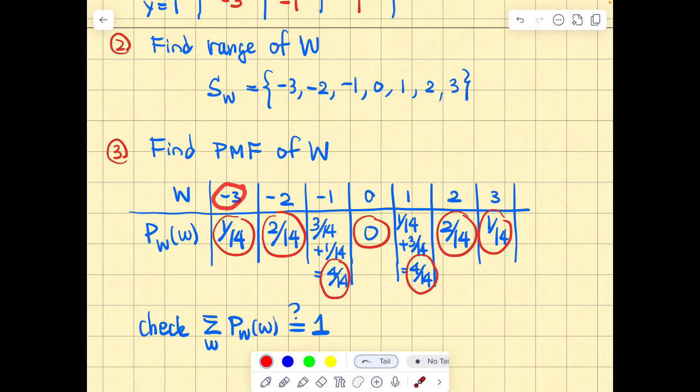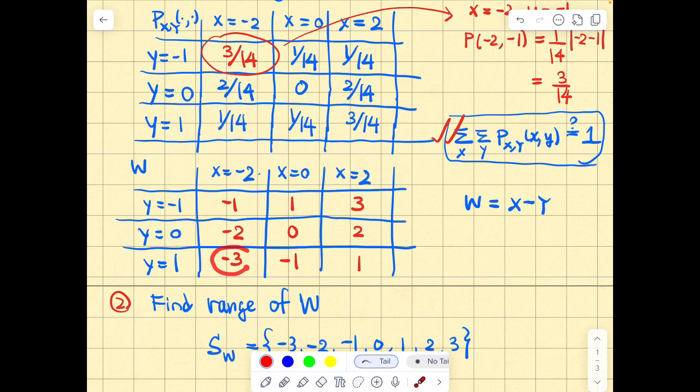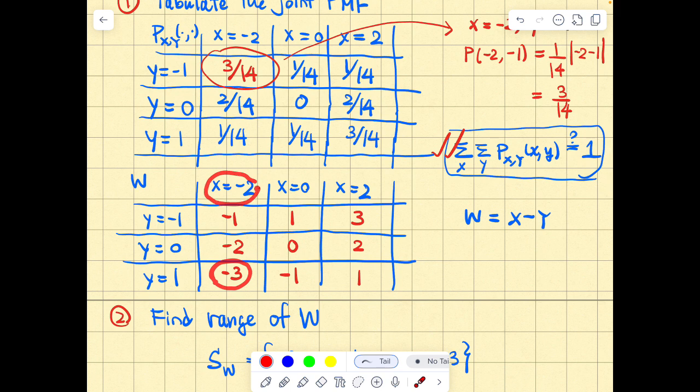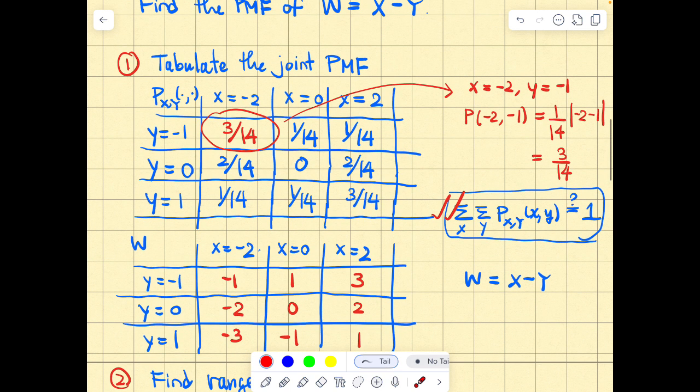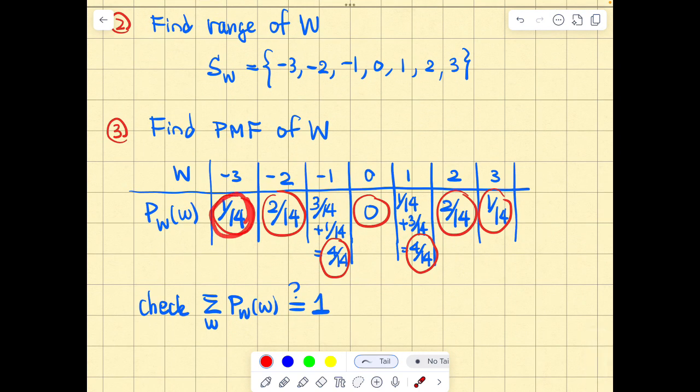Let's see the probability that W is equal to -3. Negative 3 happens over here, corresponding to x equal to -2, y equal to 1. The probability of that case is 1 over 14. So the probability of W equal to -3 is 1 over 14.